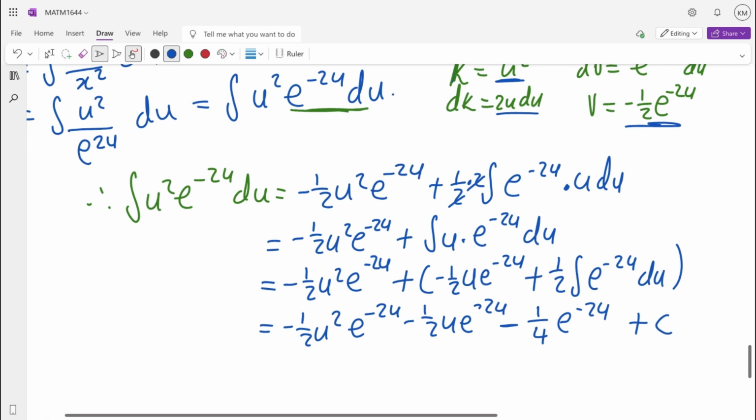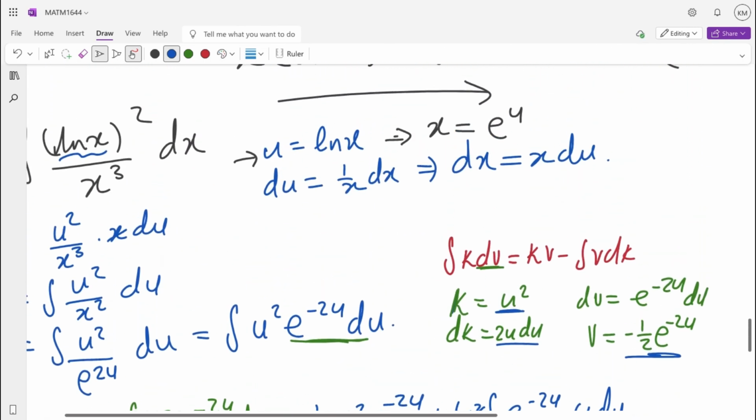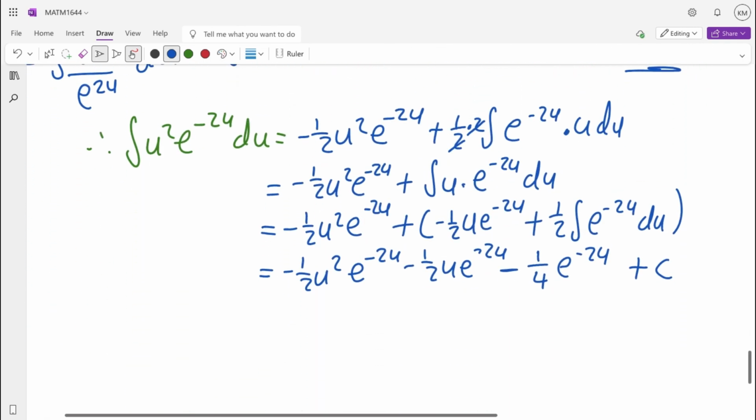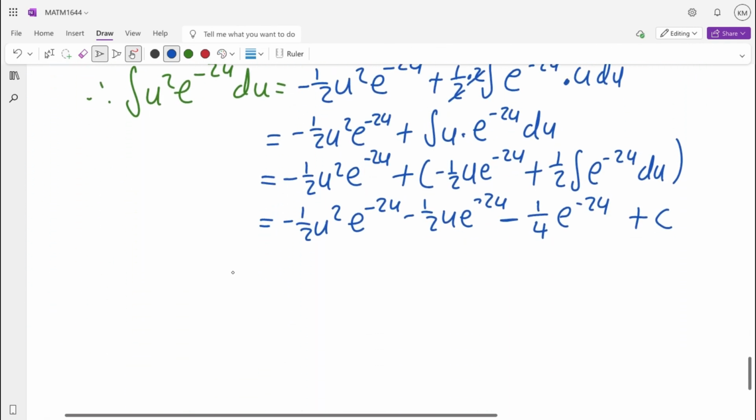We just need to bring back what was our u. So let's check what was u. U was ln x, so we just plug in ln x. So this is going to be equal to minus 1 over 2 ln x square. Then for this one, if we plug ln x here, we end up having x to the power minus 2.